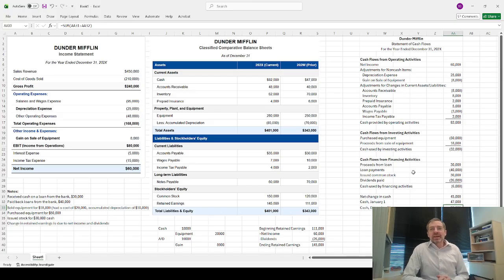All right, last thing to mention here is when we're talking about non-cash transactions. Up here in the 3 sections, we only put cash transactions. If we purchased equipment with a loan, that would not show up anywhere in those 3 sections because it wasn't cash. But it is important for investors to know that you made this big transaction.